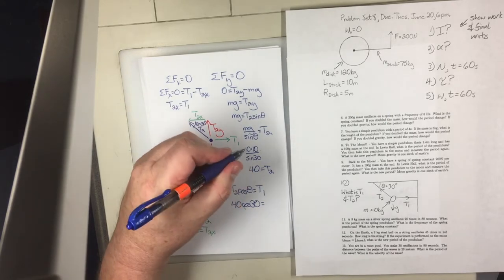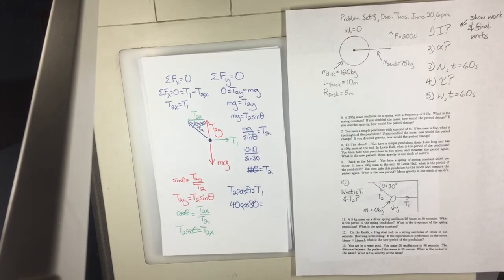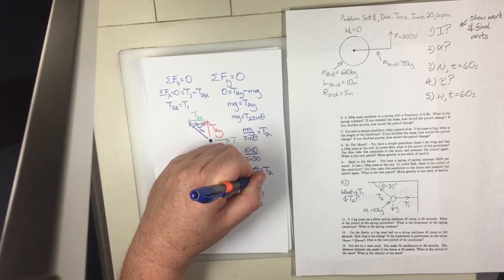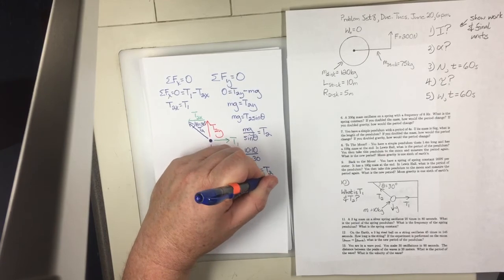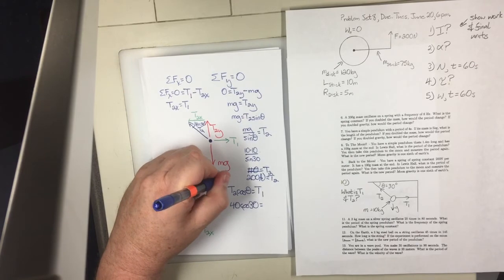Oh, correct. Reminds me I should still keep using my calculator. I went 10 plus 10 in my brain, not 10 times 10. So 200. Thank you. 200 newtons.